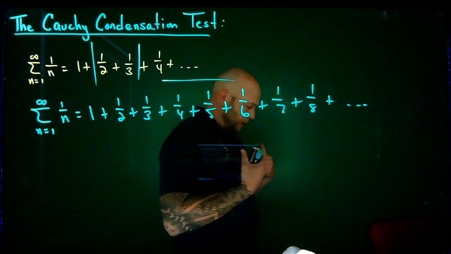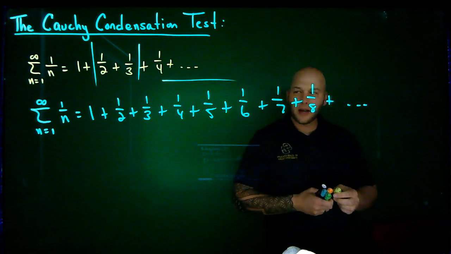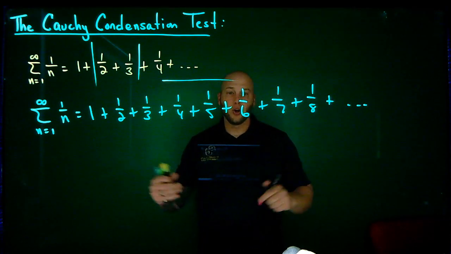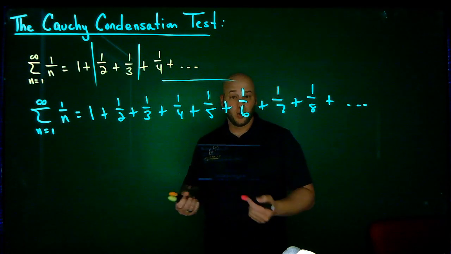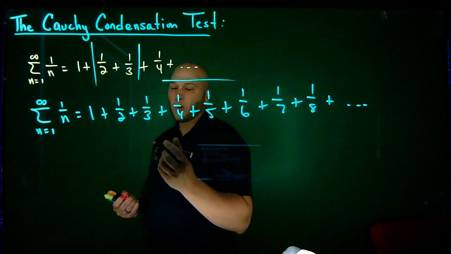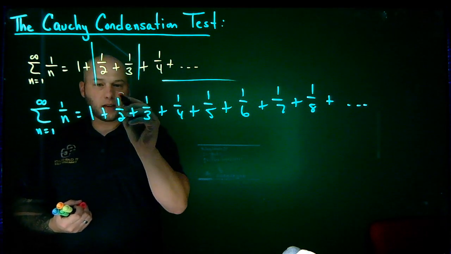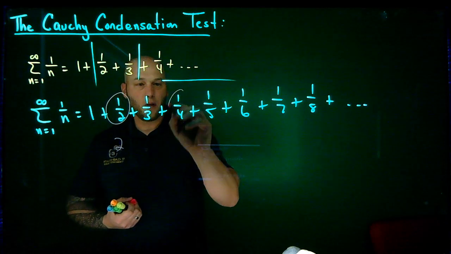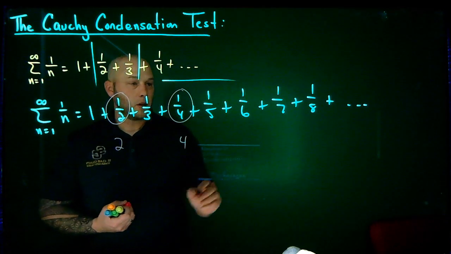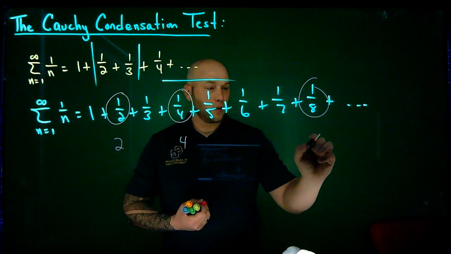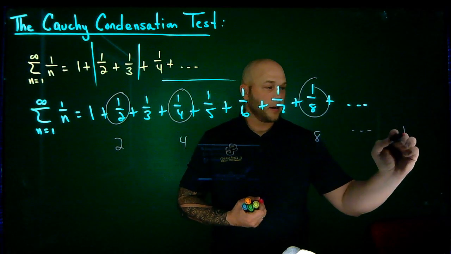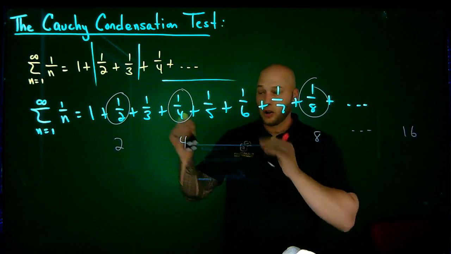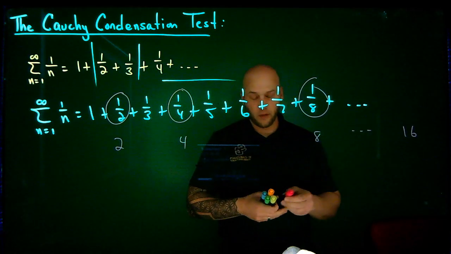The main idea within the Cauchy condensation test is that I don't need every term in order to determine convergence and divergence. If I take the second term of the series, the fourth term, the 8th term, the 16th term, and so on, I can actually use those to determine convergence and divergence.